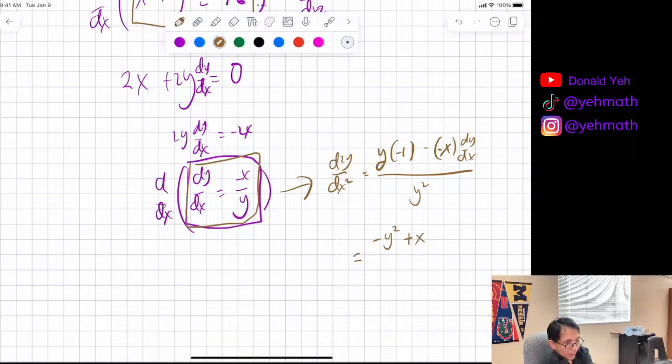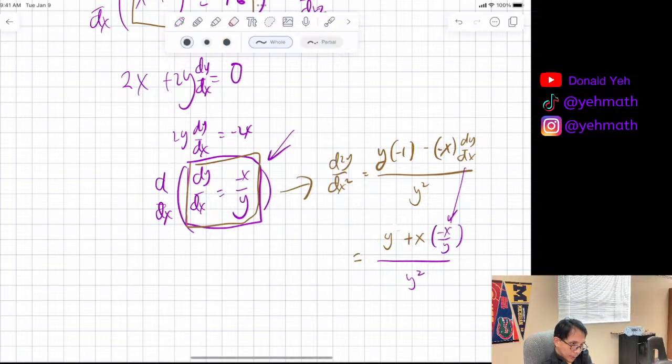Now dy dx, I replace that with negative x over y. Does that make sense? I replace dy dx with negative x over y because I'm going to use the first box. I told you I'm going to come back and use those boxes. Wait, hold on a second. Oh yeah, sorry, that was negative y.